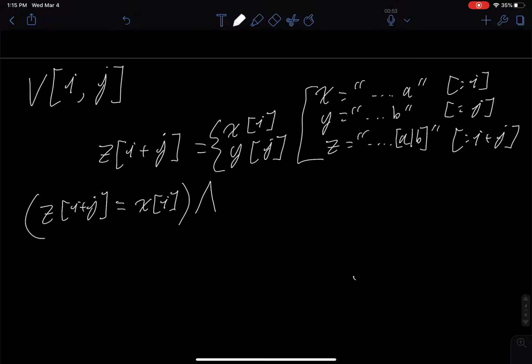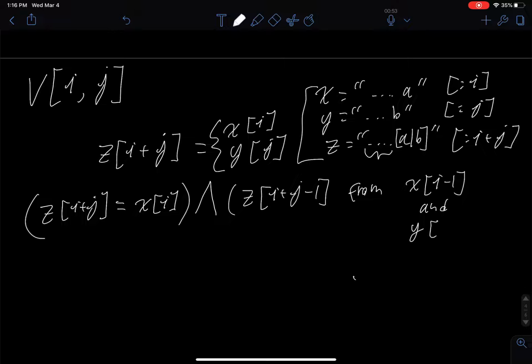And we're going to use the wedge symbol for and, it must be true that it's possible to form the previous segment of z, which in this diagram is everything leading up to the A or B, from x, the first i minus 1 characters of x, and the first j characters of y.